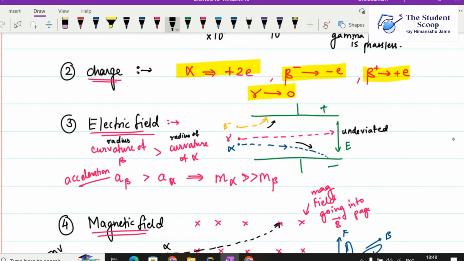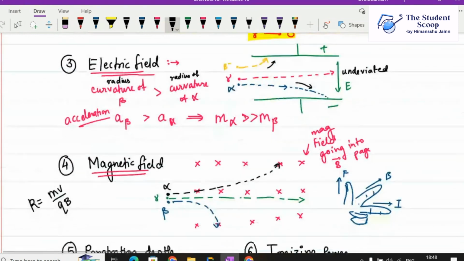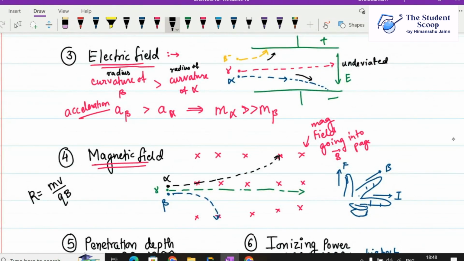Okay. So those are the few important things that we need to know. And in the magnetic field, again, you can see the curvature of the beta particle is higher than the curvature of the alpha particle. The direction of the magnetic force will be predicted by Fleming's left hand rule. The middle finger in Fleming's left hand rule represents the direction of the current or a positive charge. So for the alpha particle, if the field is going into the page, the thumb will point upwards.